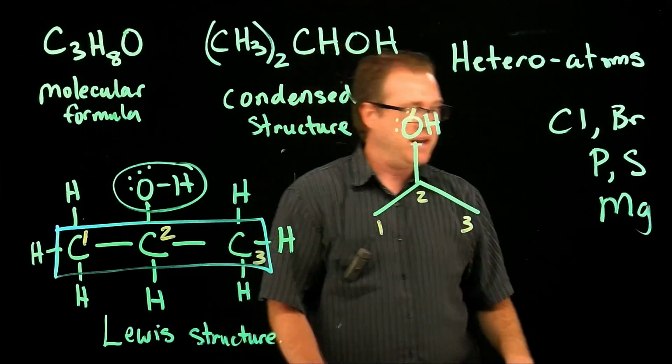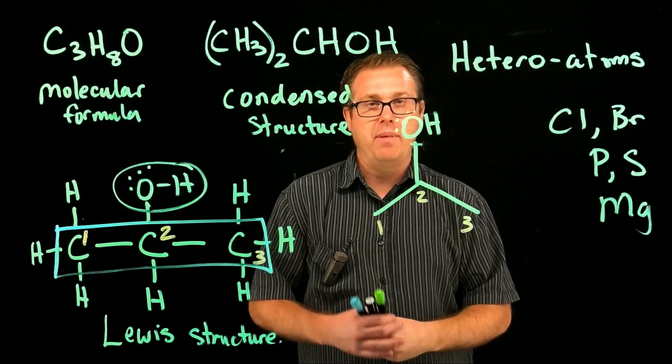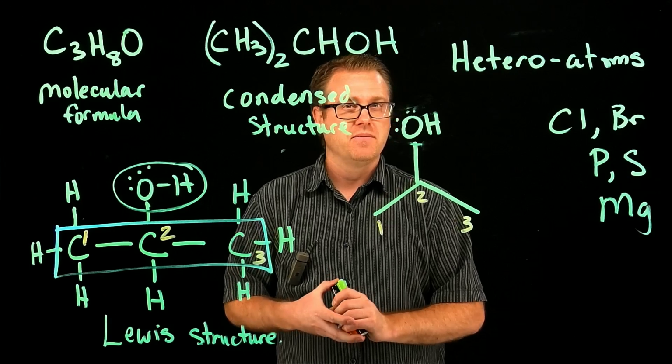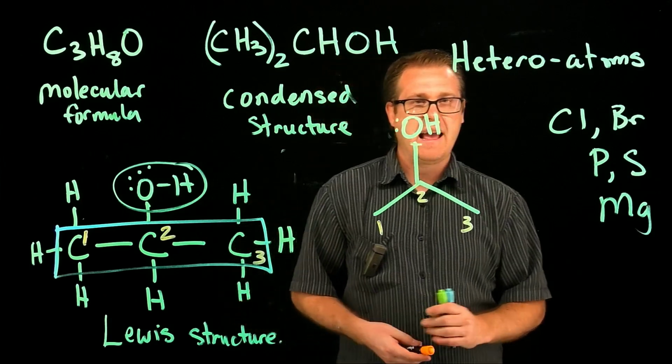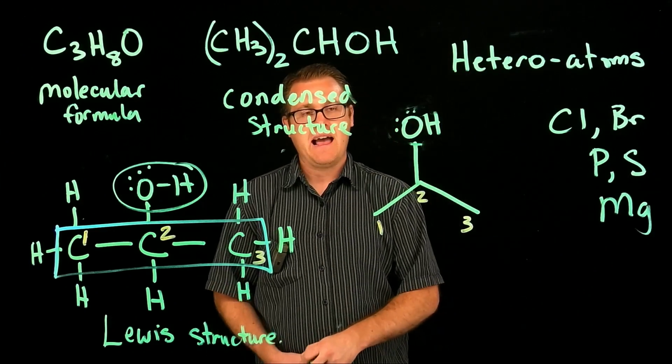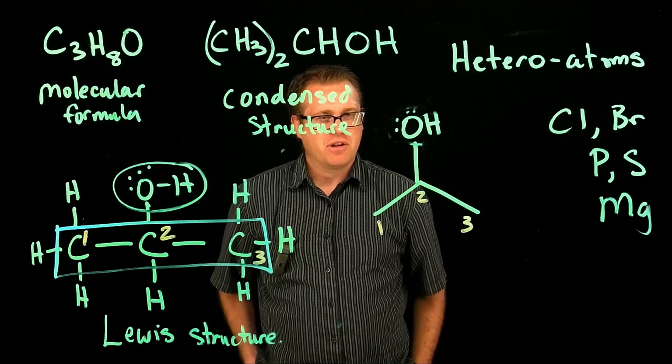In order to know how many there are, you need to go back to general chemistry and review formal charges and how many lone pairs are around atoms. We will touch on that throughout the course.